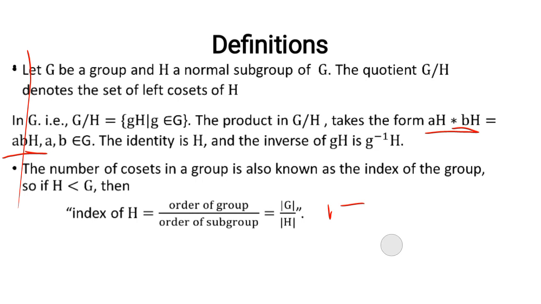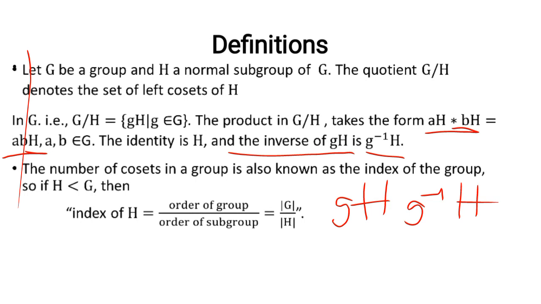Okay, with that said, we also have the inverse. That group also has an inverse. The inverse of this left coset GH is G inverse H. Let's see if we'll get the identity back. So we have GH, we want to multiply by G inverse H, the binary operation. You all know now that this will be G inverse H, right? Because we know the product of AH times BH is ABH.